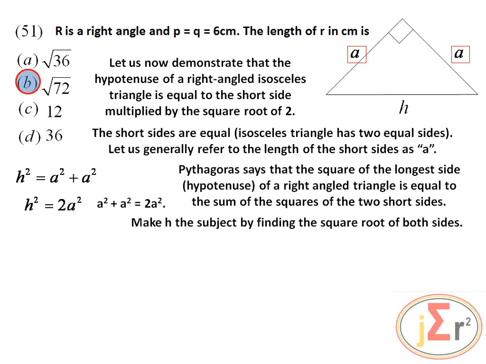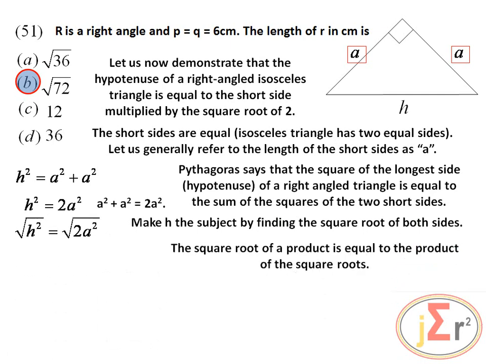Make h the subject by finding the square root of both sides. There we have it, the square root of both sides. The square root of a product is equal to the product of the square roots. That's another rule. So we have the square root of 2a squared, 2 multiplied by a squared. That is equal to the square root of 2 multiplied by the square root of a squared.